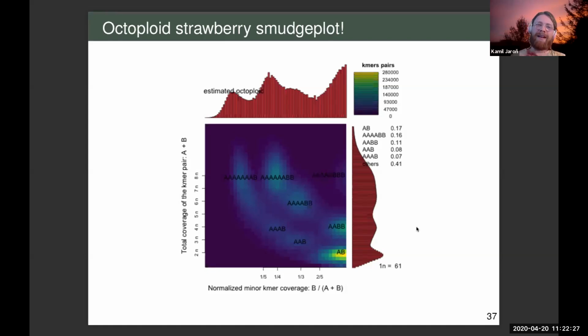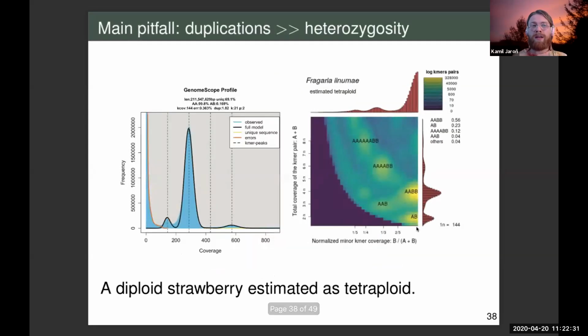So now we finally have cases where Smudgeplot really gets stuff wrong. That's when the duplications are dominating the heterozygosity signal. This is a case of a different strawberry that is a known diploid, because they've done lots of work on these strawberries, so they know quite well. The problem is that the heterozygosity peak is very small, and there is quite a decent duplication peak.